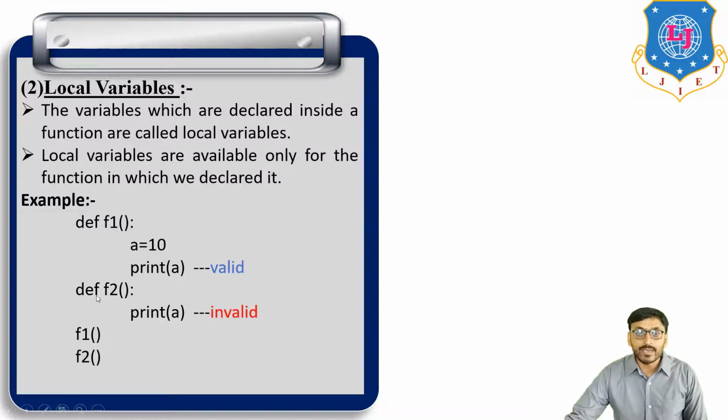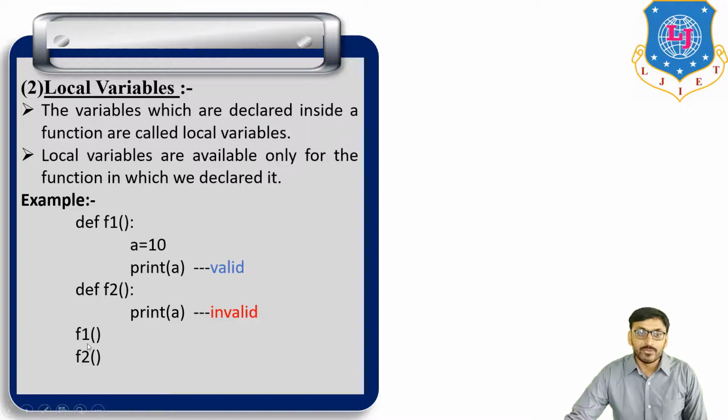Now def f2 and print a, but it is invalid. Why? Because this a is equal to 10 is a local variable, not a global variable. So a local variable is used in that particular function only, not by any other function.